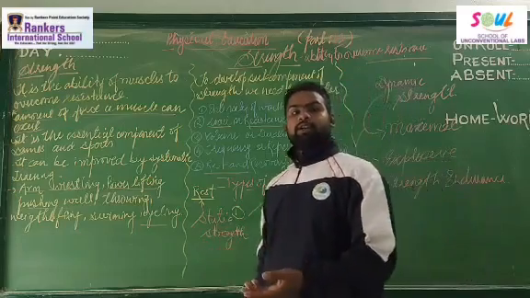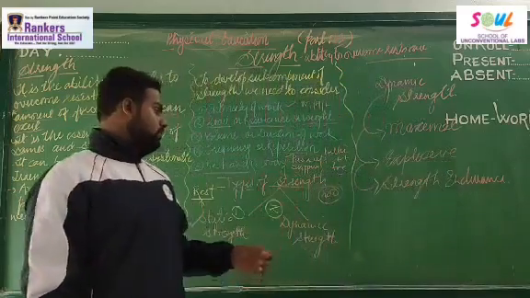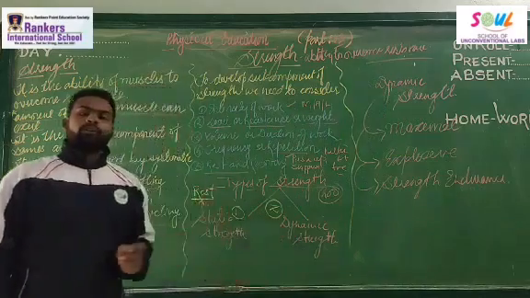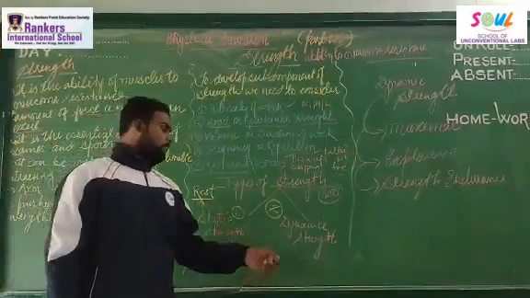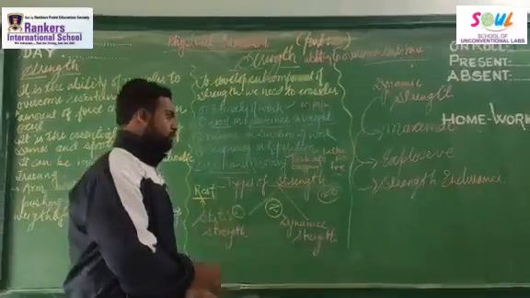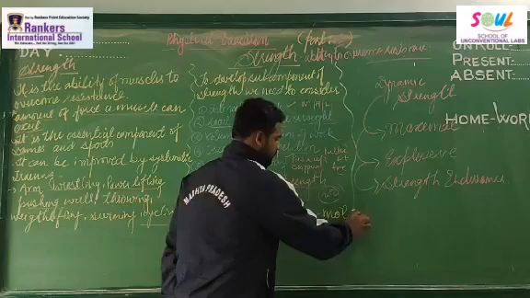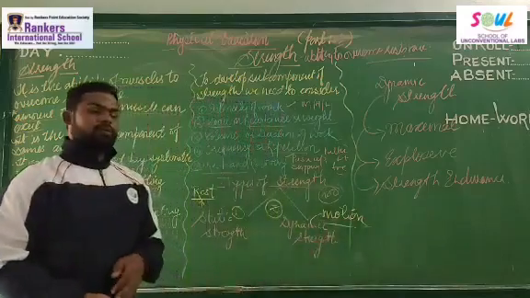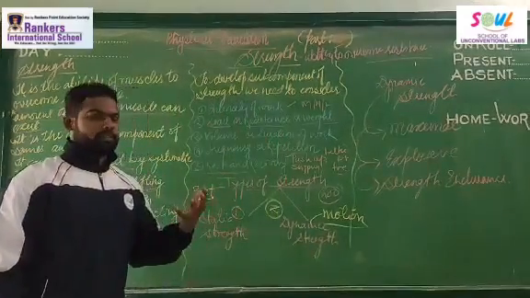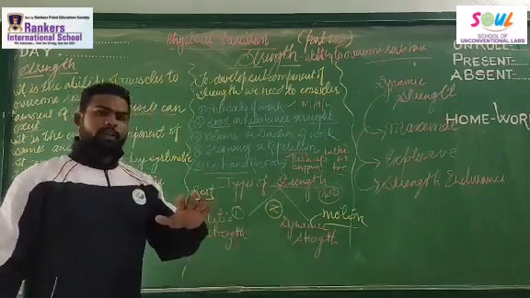Now what is the second kind of strength? The second kind of strength is dynamic strength. What is dynamic strength? Dynamic means motion, things which are in motion. So it is the amount of force exerted by the muscle whenever the body is in motion, like when we kick the ball, right?